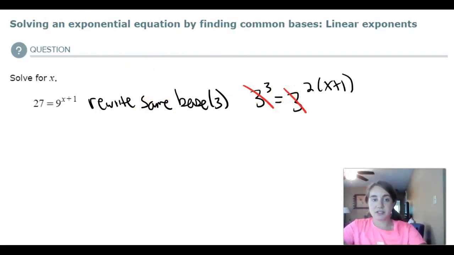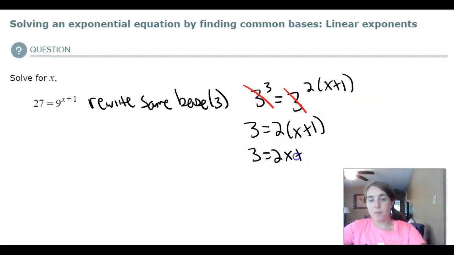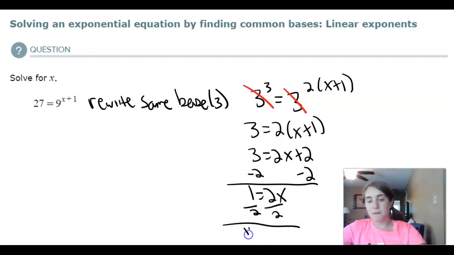Once my bases are the same, I can set my exponents equal. One half equals x.